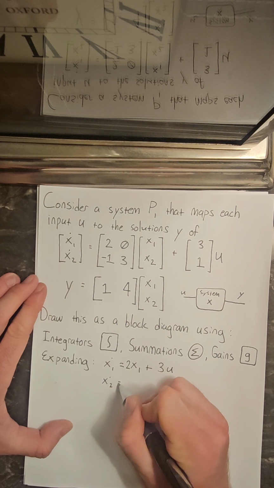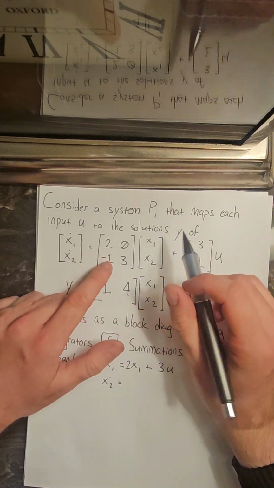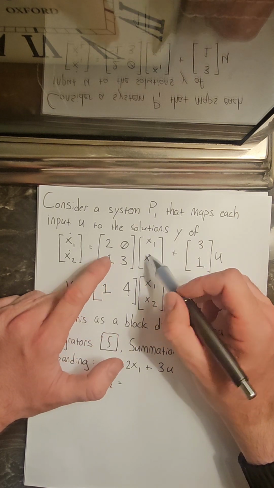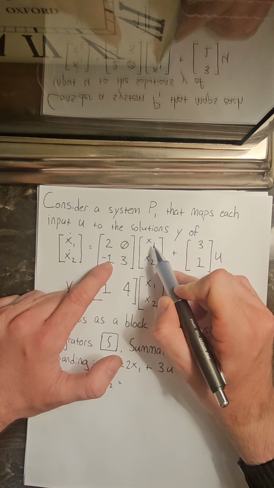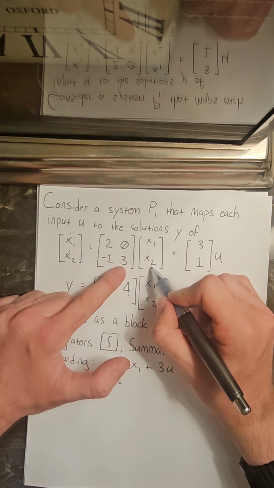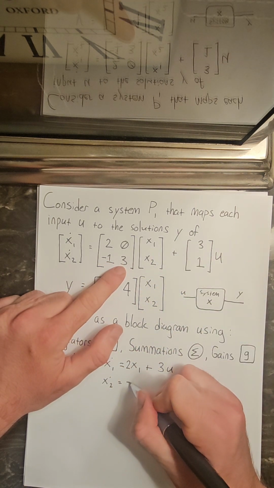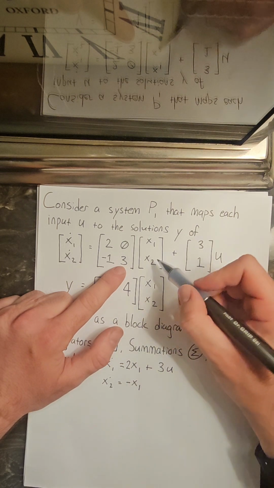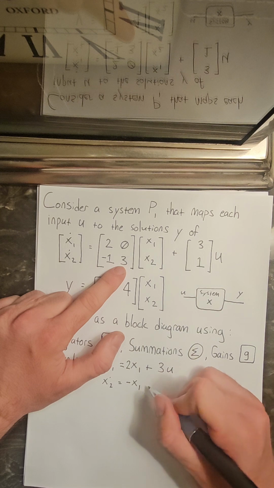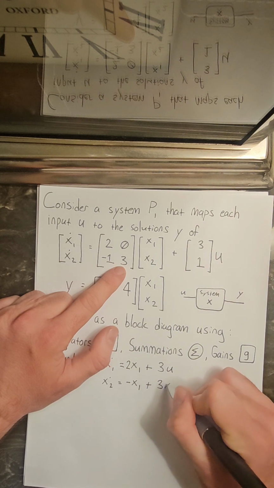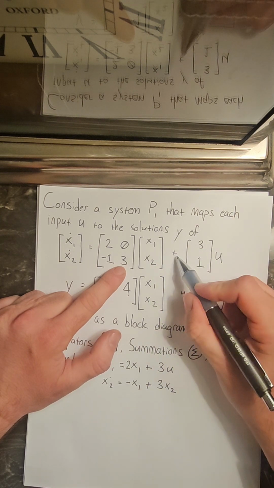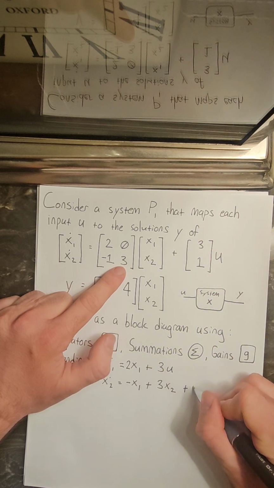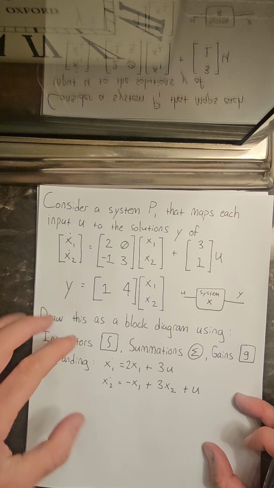Let me point my finger, so even if you don't know matrix multiplication, you can follow along. x2 dot equals negative 1 times x1 plus 3 times x2, plus, let's not forget about this guy, 1 times u. So just plus u. That's our second equation.